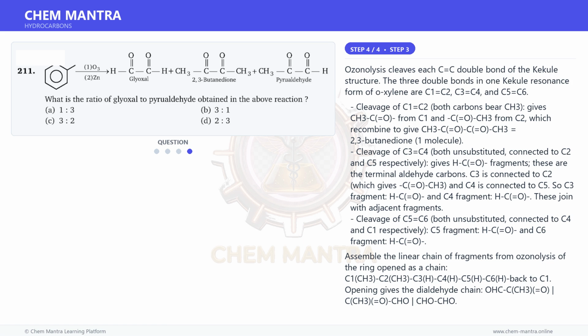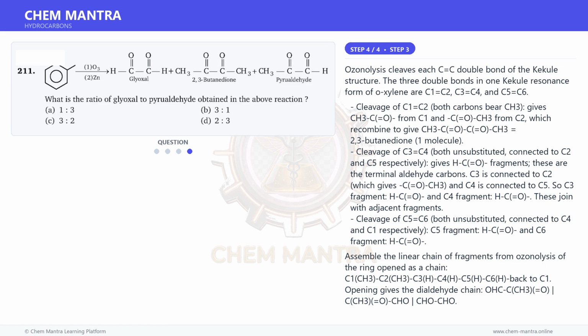The correct Kekulé pairing for o-xylene ozonolysis: double bonds are C1=C6, C2=C3, C4=C5, alternate. Cleavage gives C1, CH3 with C6, H: methylglyoxal x1; C2, CH3 with C3, H: methylglyoxal x1; C4, H with C5, H: glyoxal x1.